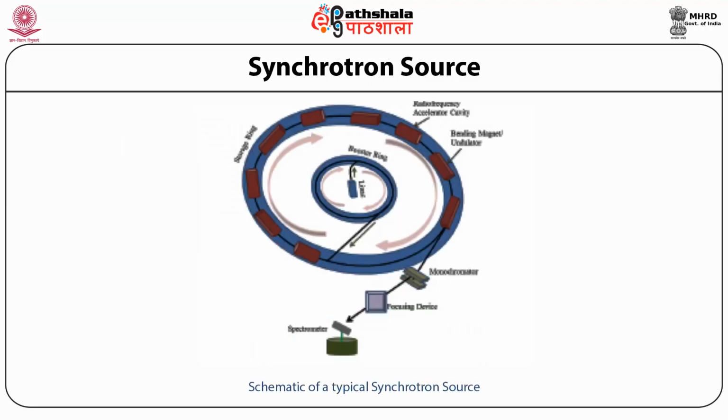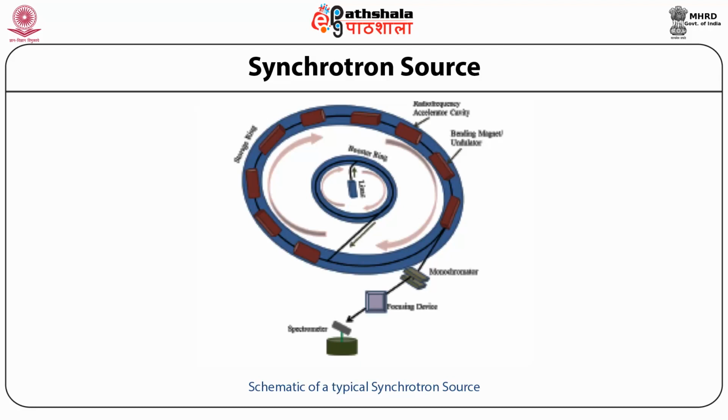It first of all consists of the generation of electrons, which are then passed into the LINAC, where the electron is given high energy, which feeds the electrons to the booster ring and then finally to the storage ring.